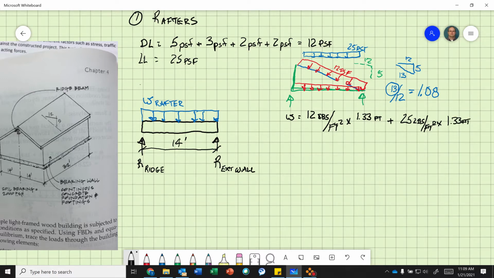We get pounds per foot. So our line load, uniform line load on top of the rafter, horizontally projected is, I'm going to say W rafter.